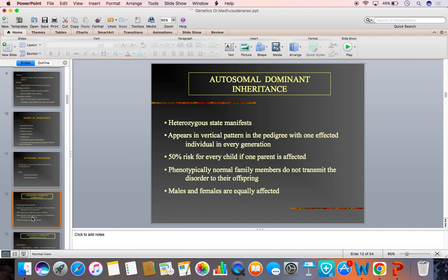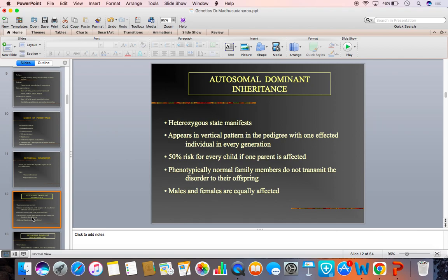It appears in a vertical pattern in the pedigree with one affected individual in every generation. If you look at the pedigree, there is one member affected in each generation. That is called vertical pattern of inheritance. There is a 50% risk in every child if one parent is affected.